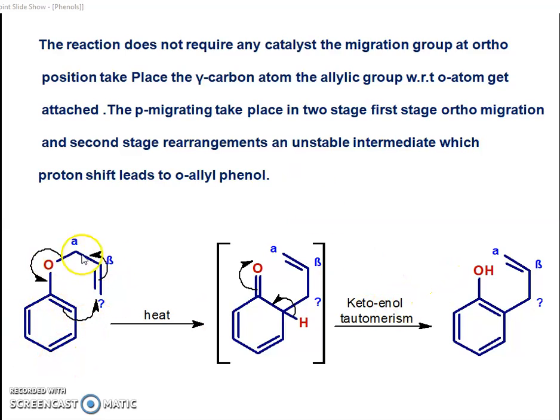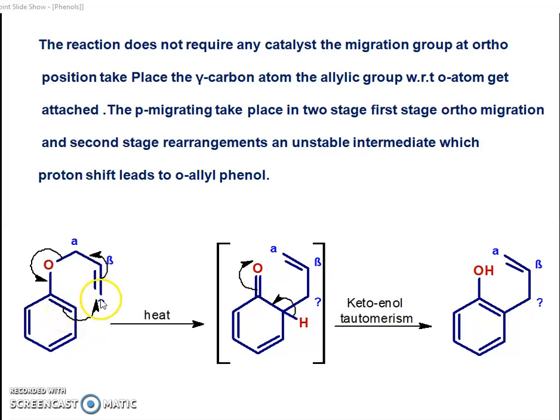In these reactants we see here, this is the alpha carbon, this is the beta carbon, and this is the gamma carbon. After migration, what happens? This gamma carbon is attached to the ortho position, right?